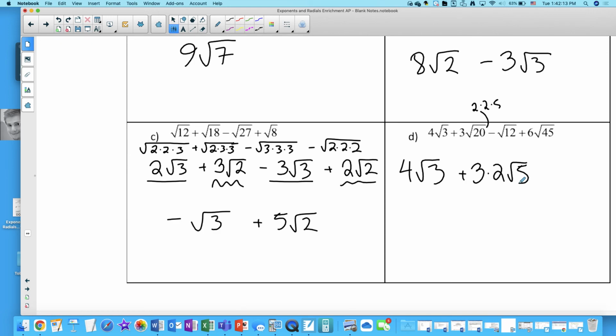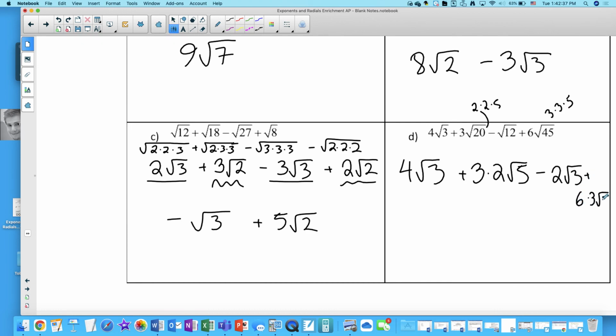So root 12 is 2 root 3. Okay. And then this guy, 45, is 9 times 5. And 9 is 3 times 3. So I can pull out a 3. So plus 6 times 3 root 5. And yeah, if you want to multiply those numbers on the outside in the same step, you can.